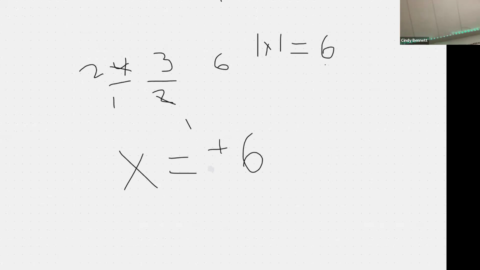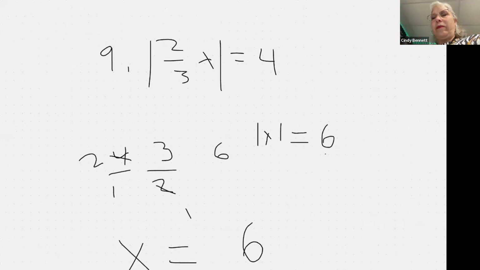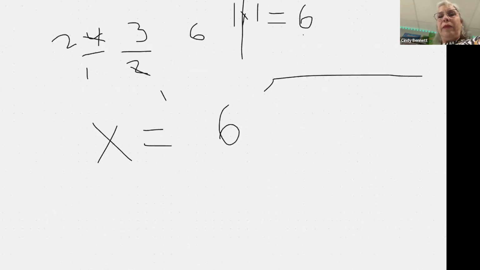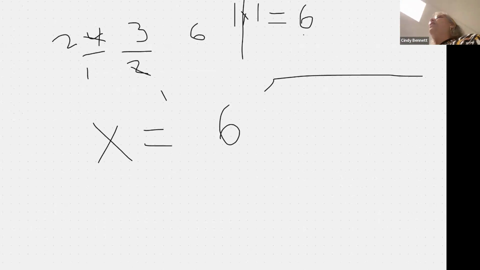Okay, so we have 2 equations. We're doing number 9. Okay, so it's a little jumbled up. This is how I want you to get used to it. Remember, in one of the lessons it said line up the equal signs, okay?